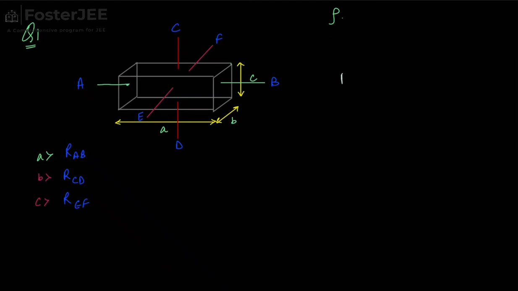Recalling the expression for resistance, it was rho L upon A, because resistance increases if length increases and resistance decreases if area increases.